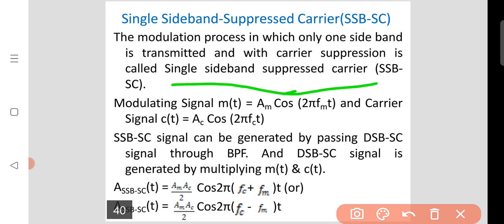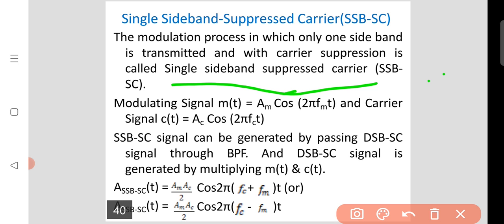In double sideband suppressed carrier, we send two sidebands, upper sideband and lower sideband, with the carrier suppressed. But here we send only a single sideband, either USB or LSB, along with carrier suppression.